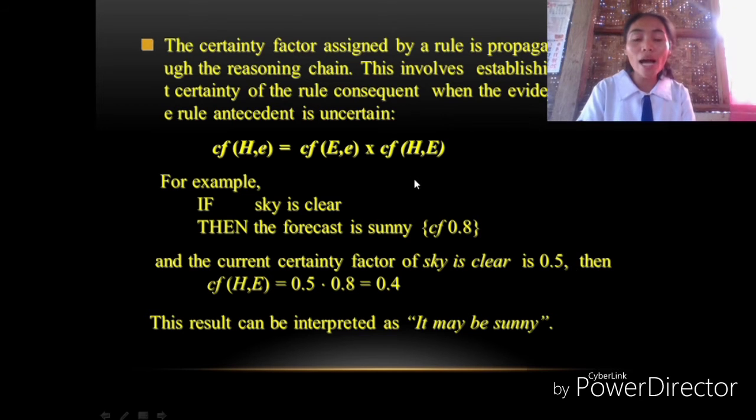Then, so ato ang atong formula sa certainty factor assigned by a rule. So, certainty factor of (H, E) is equal to 0.5, sky is clear, times 0.8, forecast is sunny, is equal to 0.4. So, ang result can be interpreted as it may be sunny. Kaya ang 0.4 sa uncertain terms kay maybe.